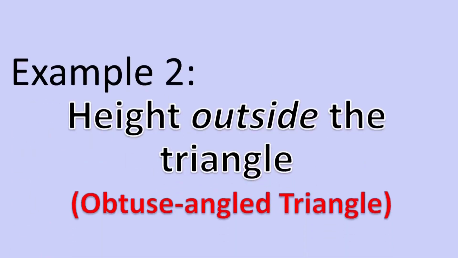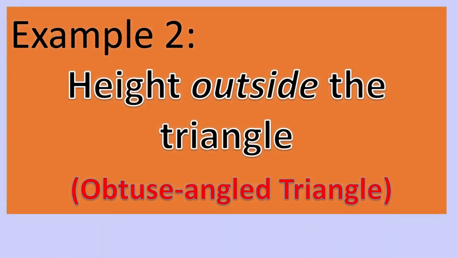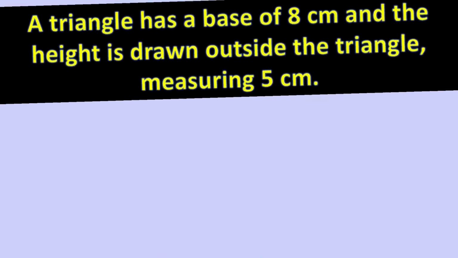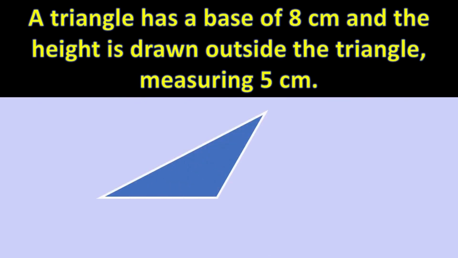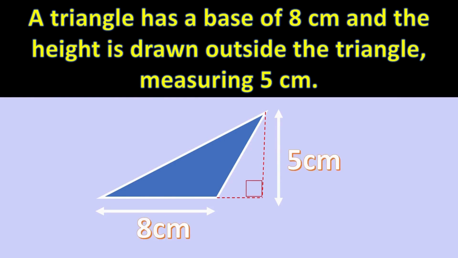Now, what if the triangle has one really wide angle, greater than 90 degrees? That's an obtuse angle triangle, and in this case, the height can't fit inside. So, we extend the base and drop a perpendicular line outside the triangle. Here, the base is 8 centimeters and the height, measured outside, is 5 centimeters.